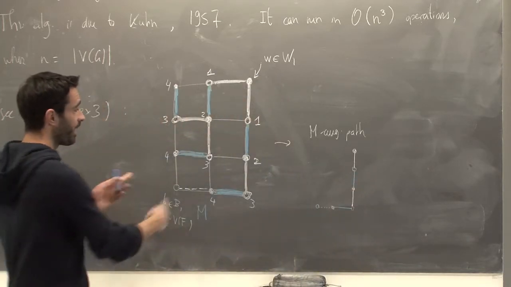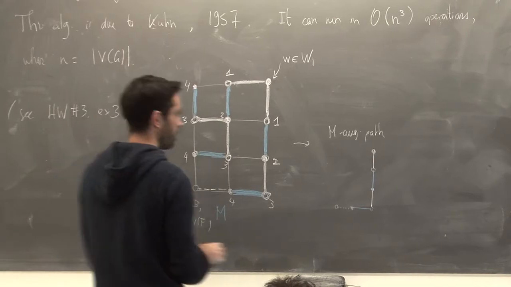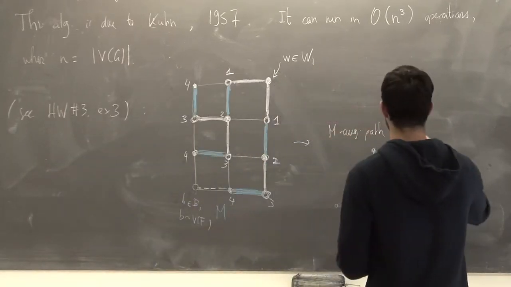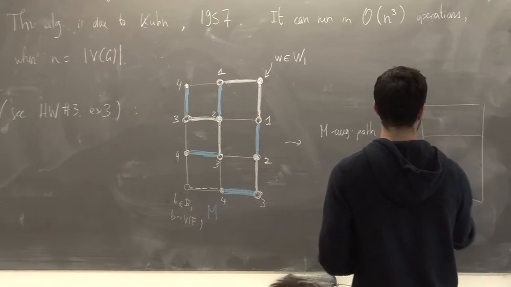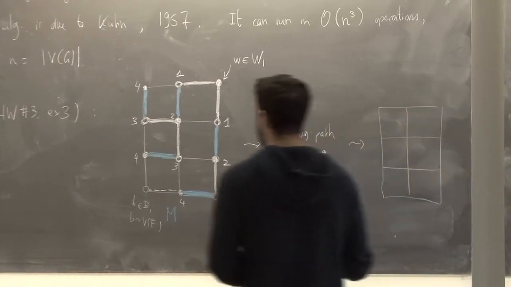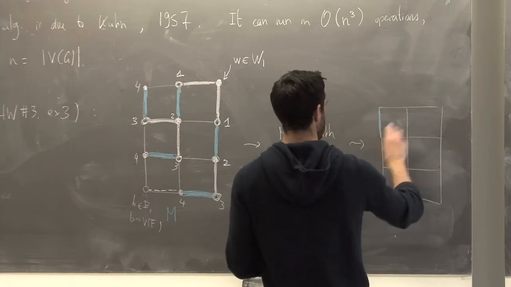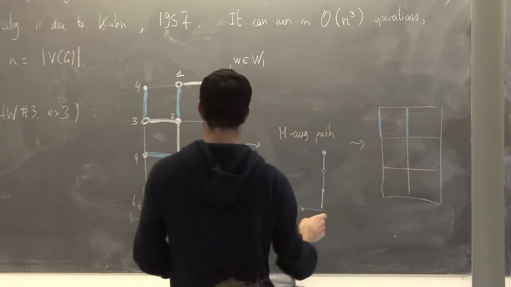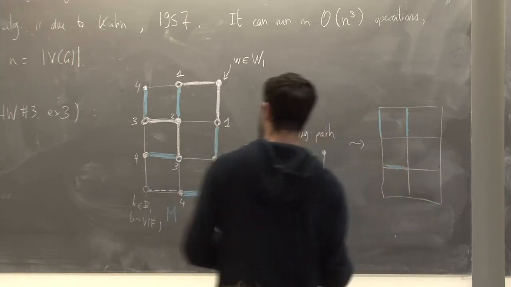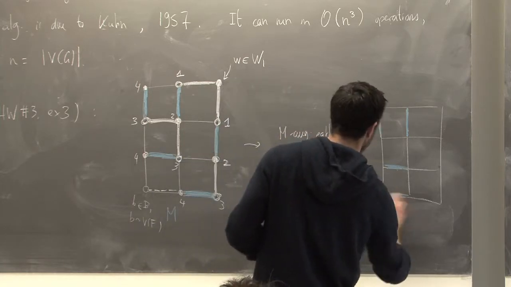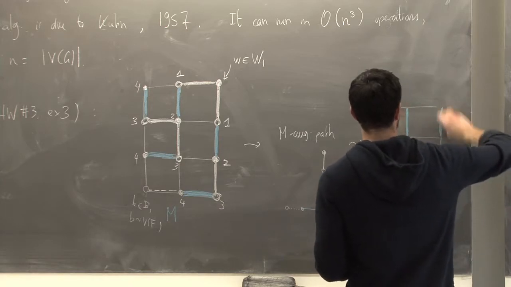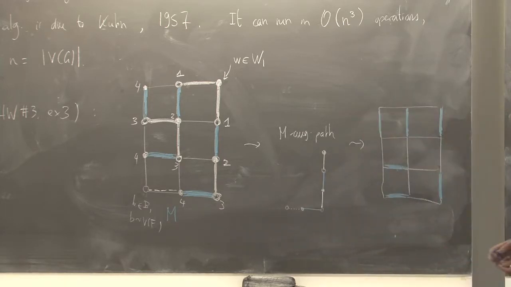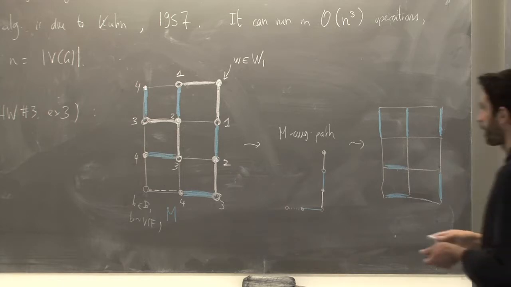Okay, and then I switch the edges of M along this path, and what do I get? Here I have the same, here the same, here the same, and I switch them along this path, and I get this, and this one is a perfect matching.